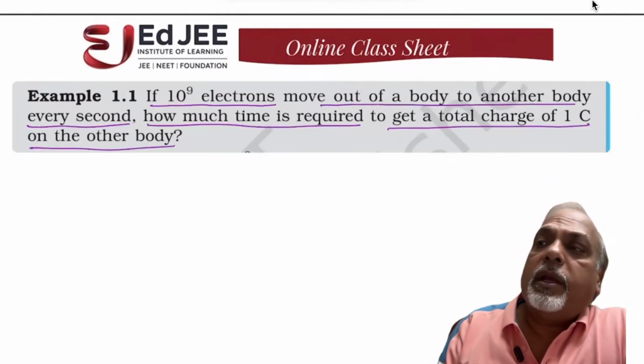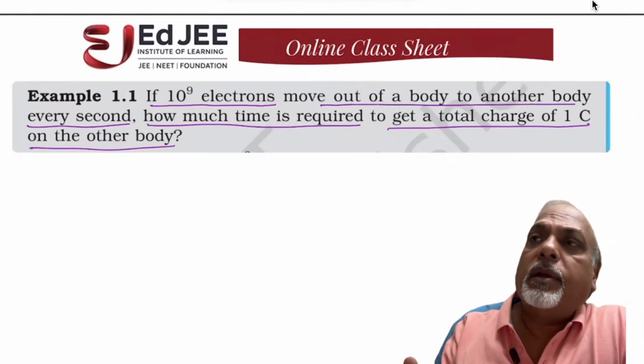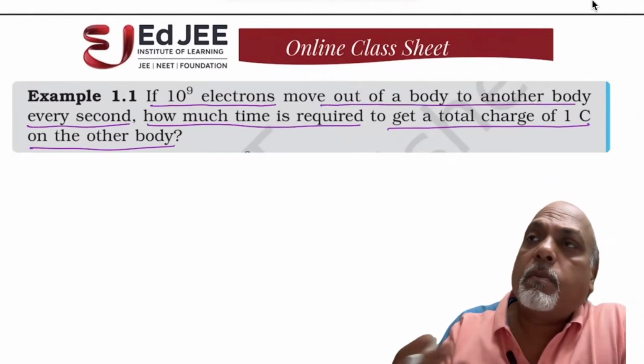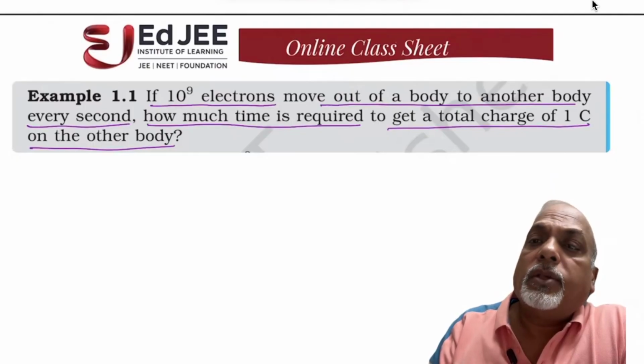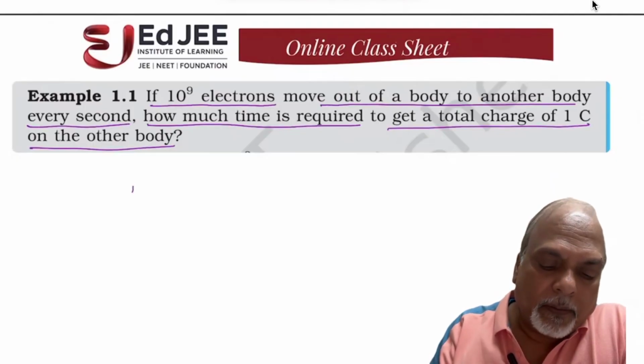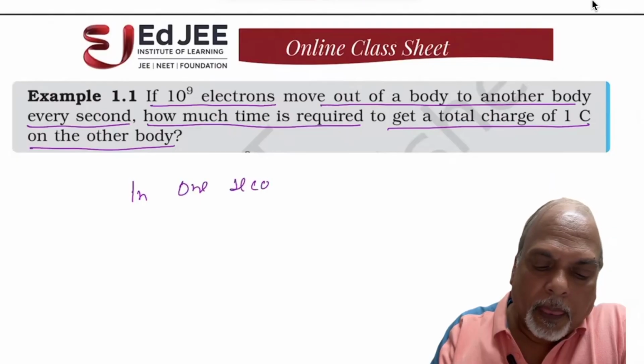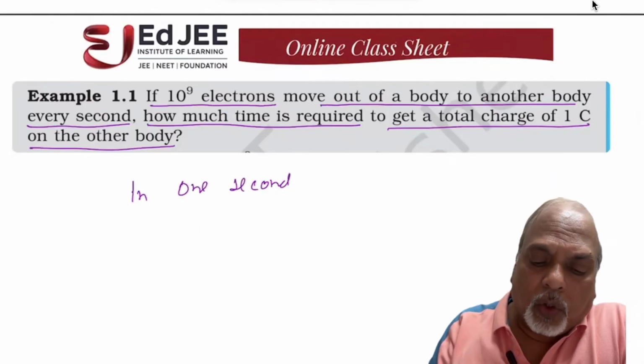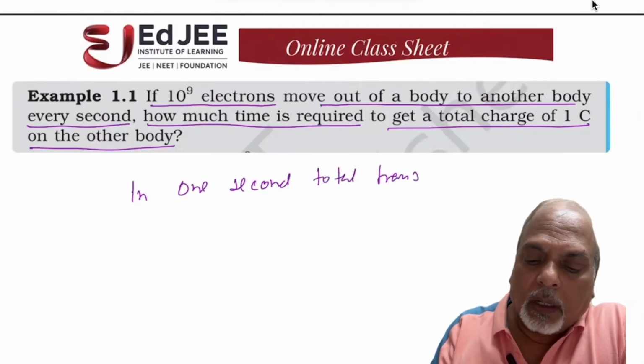It means from one body, charge is transferring at the rate of 10 raised to 9 electrons per second. So in 1 second, what is the total transfer of charge?